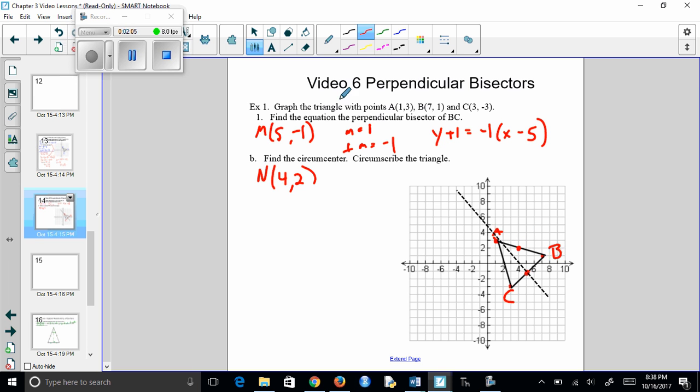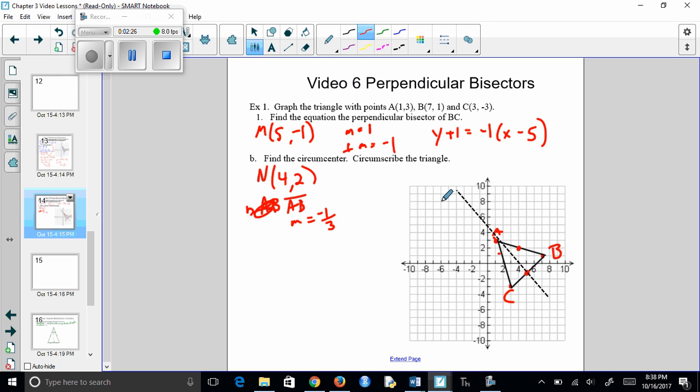So the slope from A to B, let's just say slope of AB. That's going to be, we go down 2 and over 6. So down 2 over 6 is negative 1/3.